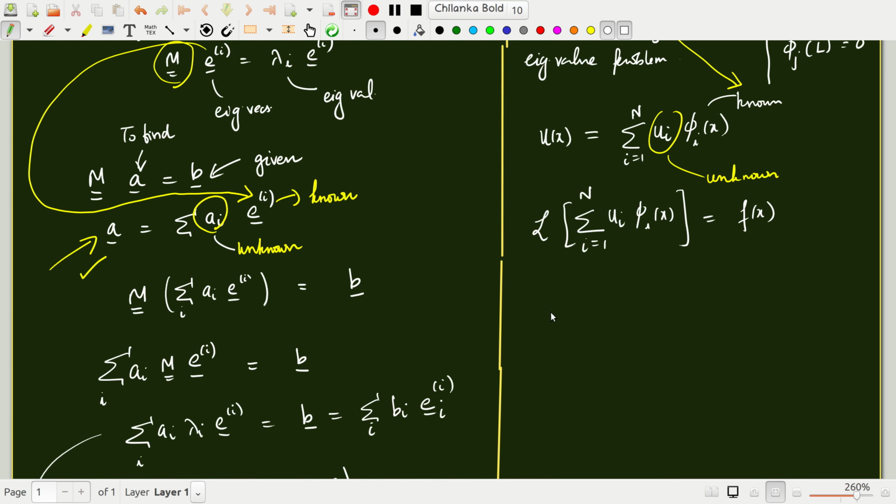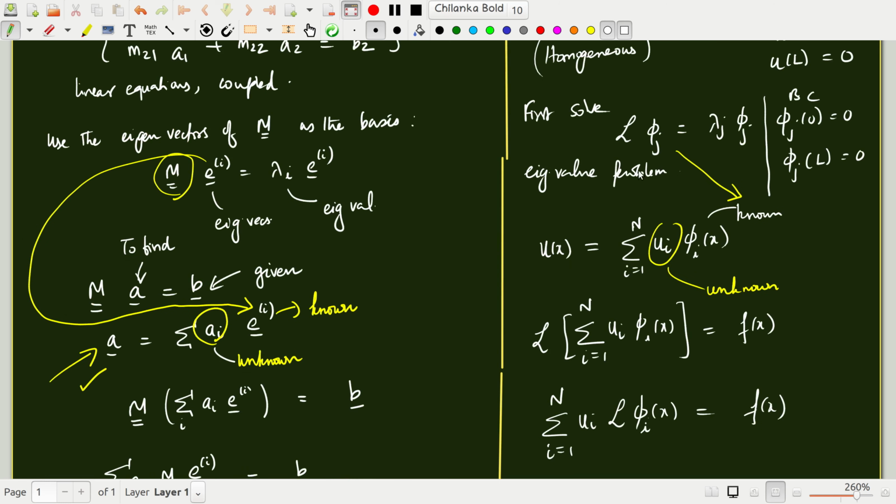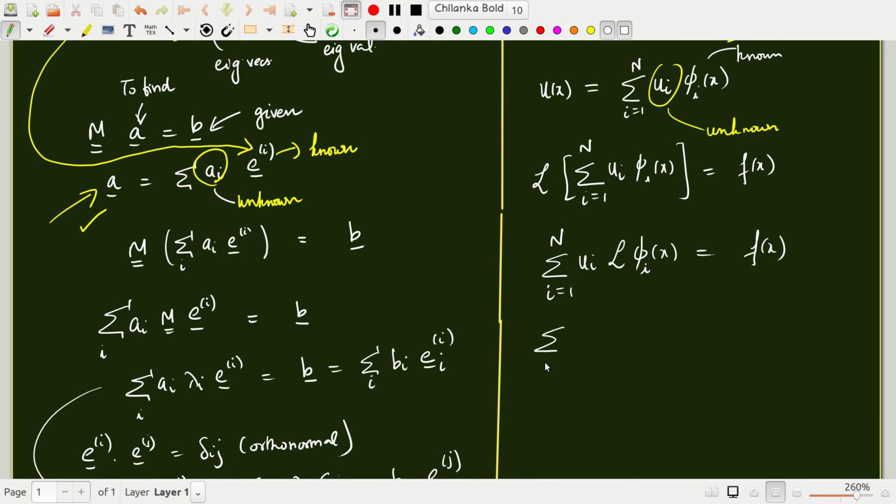Since L is a linear operator, you can write the sum from i equals 1 to n of coefficients ui times L phi i of x is f of x. Now L phi i, because they are eigenfunctions, is nothing but lambda i phi i. So this is the sum from i equals 1 to n of ui lambda i phi i is f of x.